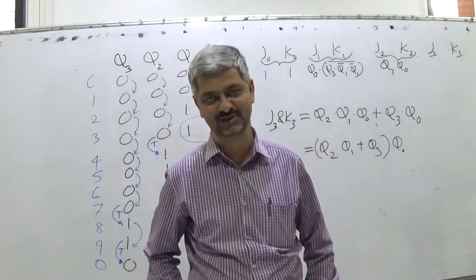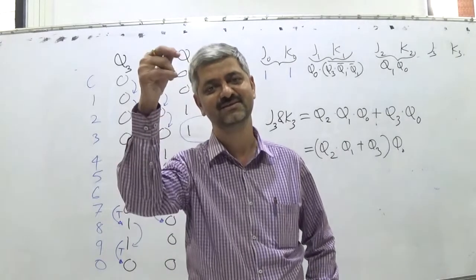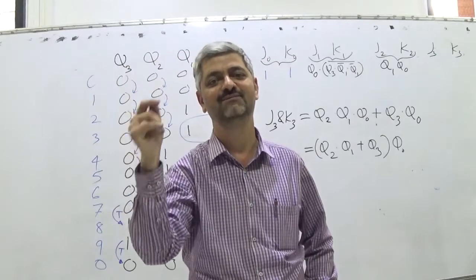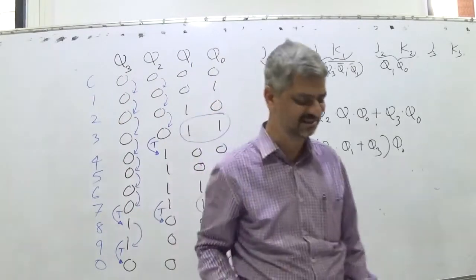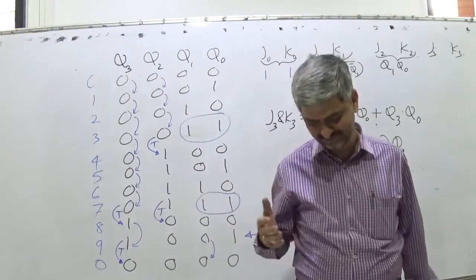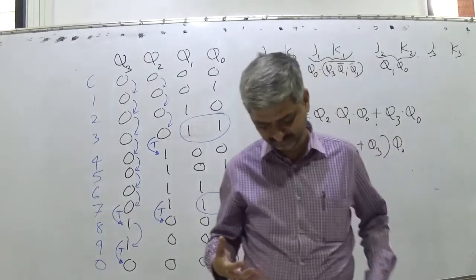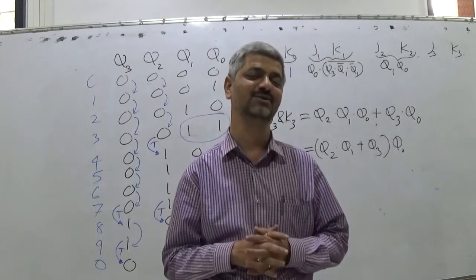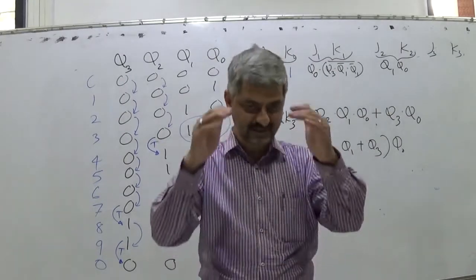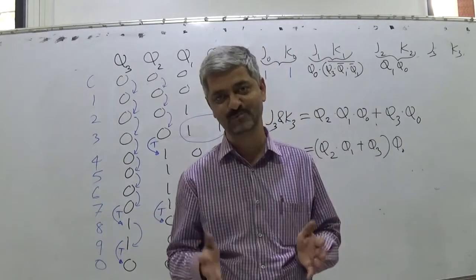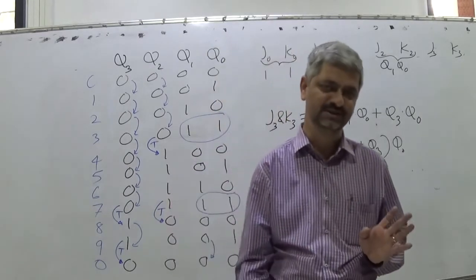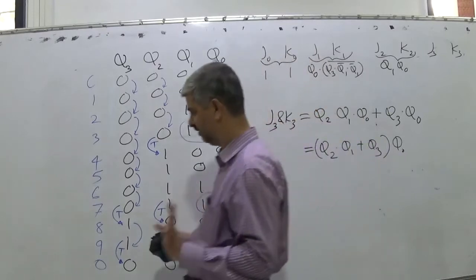It would be a 6-bit counter, and it will advance through only prime numbers, say 2, 3, 5, like that. So it can be a very interesting design. Since the scope of this particular module in the entire syllabus is not so big, I have to curtail my discussion. I think we discussed more than what was required.